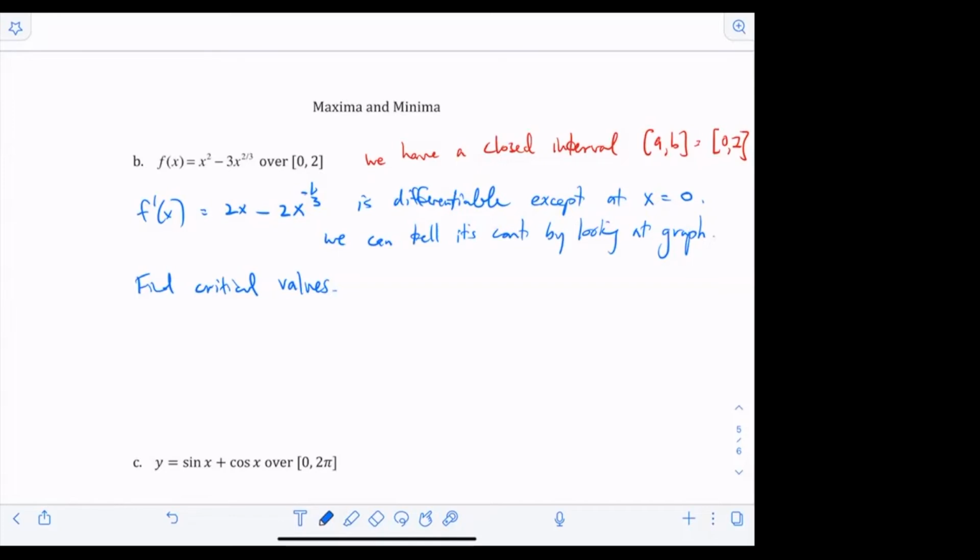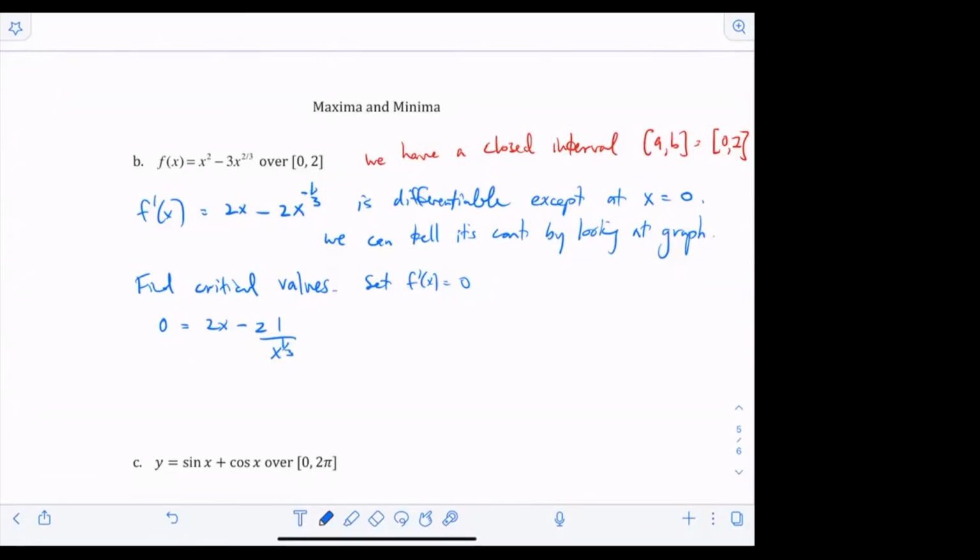See all the points where it doesn't exist or when it's equal to 0. So I'm going to take that first derivative and set f prime of x equal to 0. We're going to get 0 is equal to 2x minus 2 times really 1 over x to the 1/3 power, like this, right?